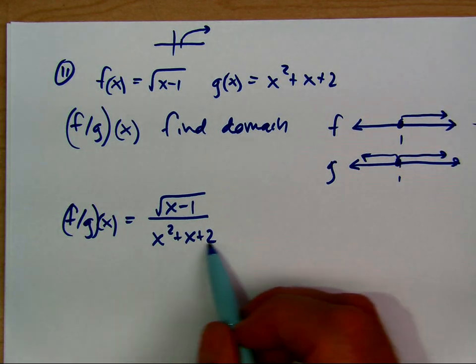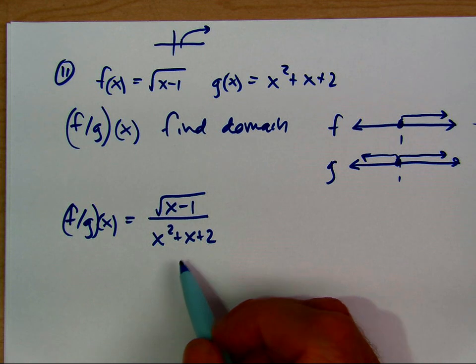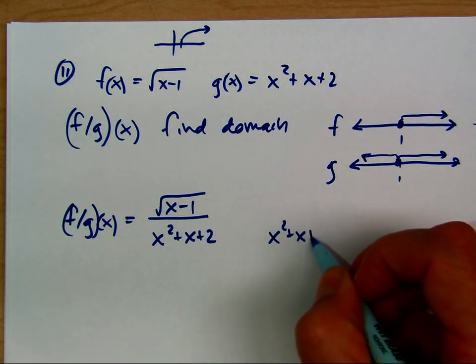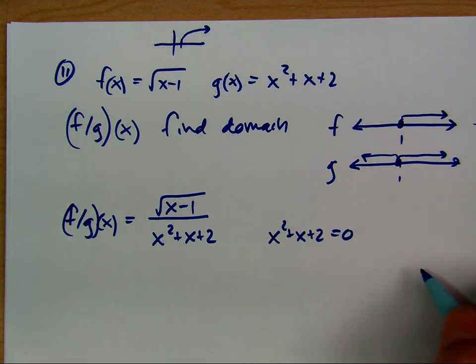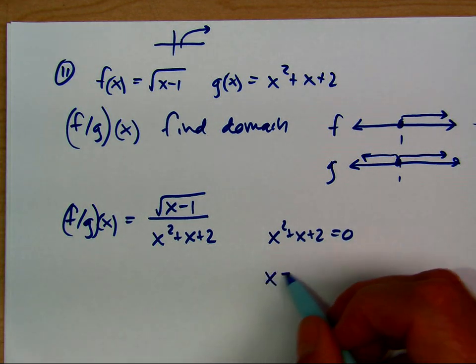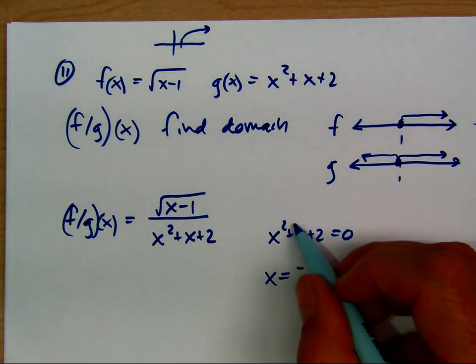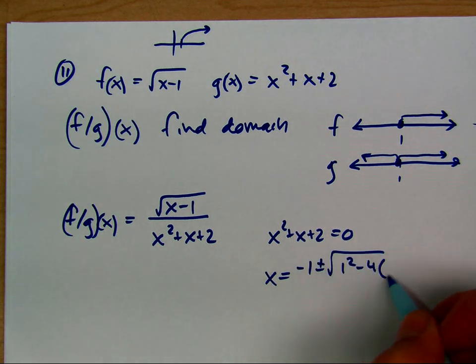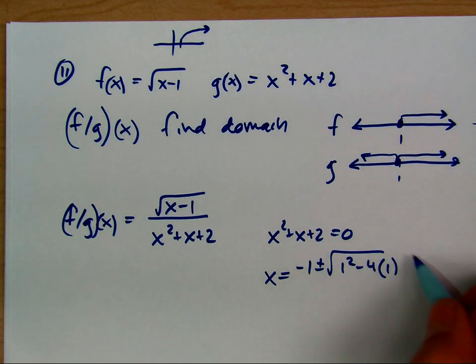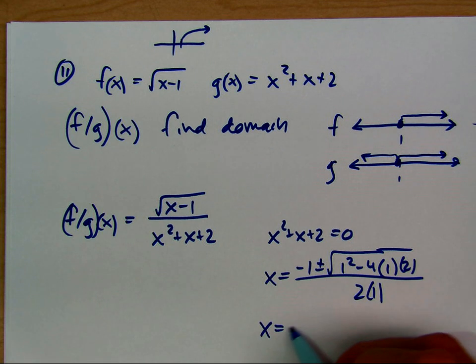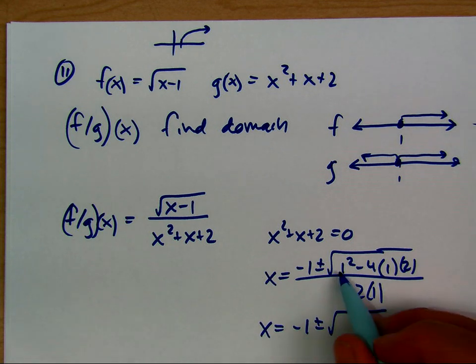Will the denominator ever equal 0? So we would check x squared plus x plus 2. Does it ever equal 0? Well, we can't factor, so let's do the quadratic formula. X equals negative b, negative 1, b squared minus 4ac over 2a. 1 minus 8.